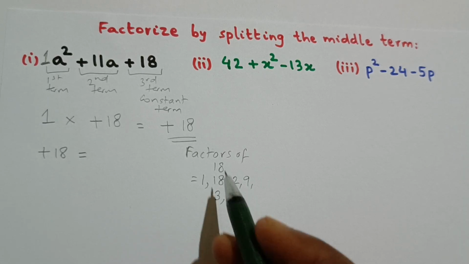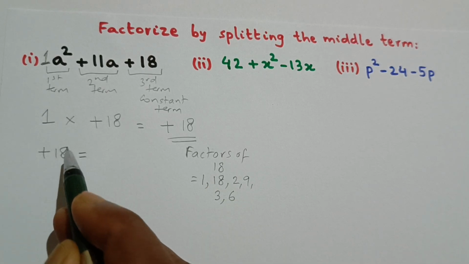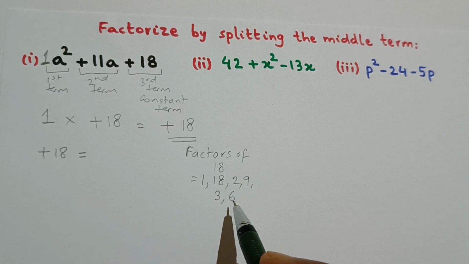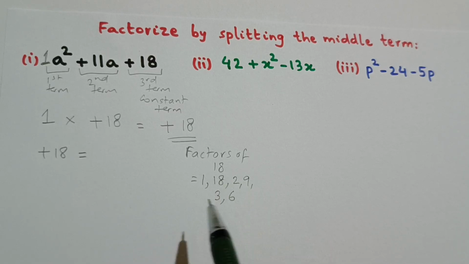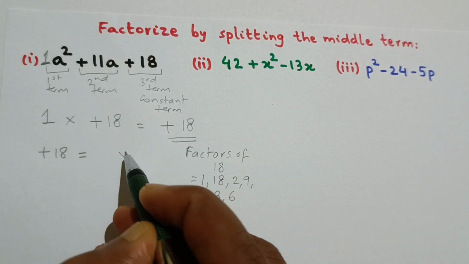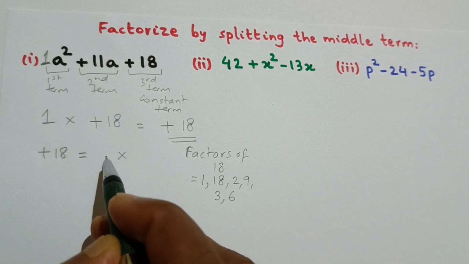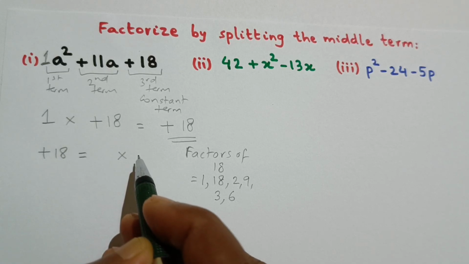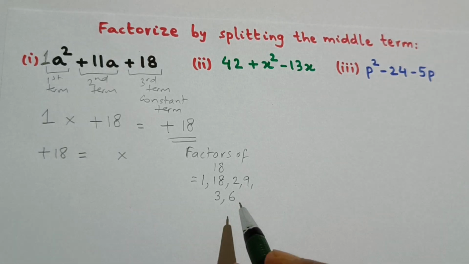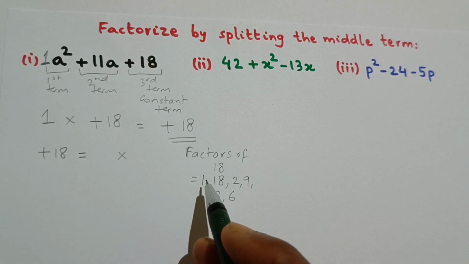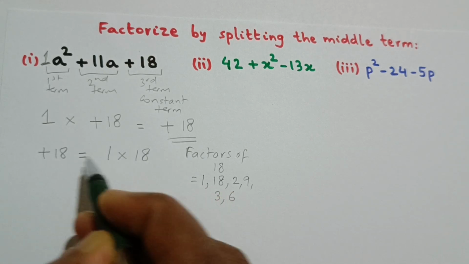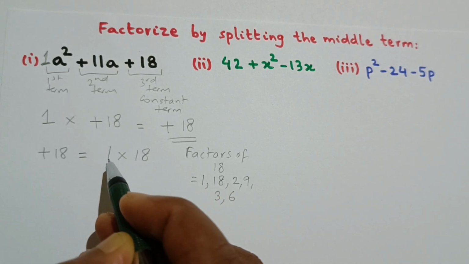These are all the factors of 18. Now what I told you was, you have to find all the possible integer pairs whose product is plus 18. So look, 1 and 18. 1 multiplied to 18 is plus 18.